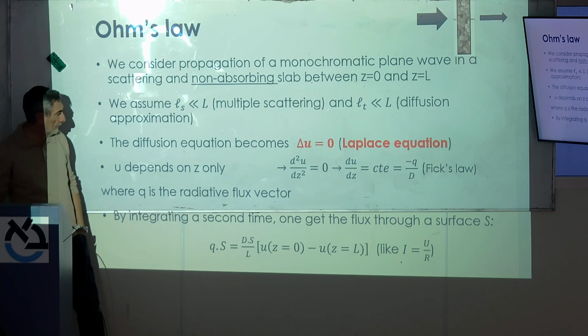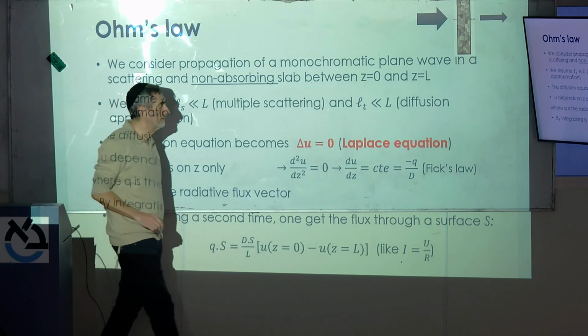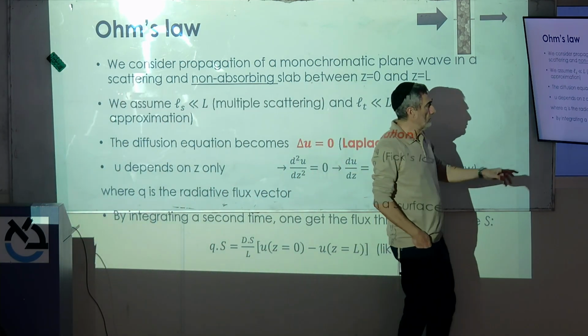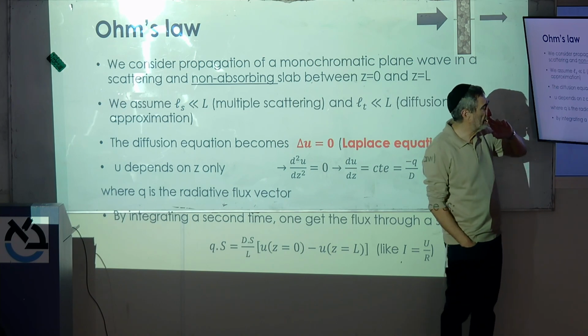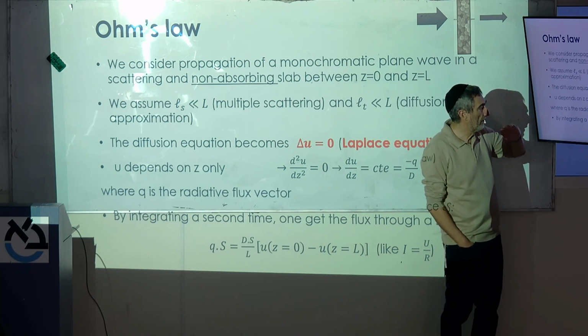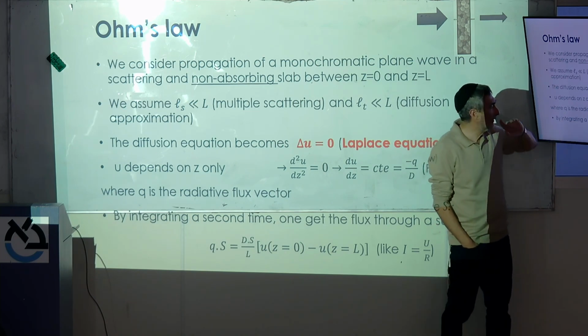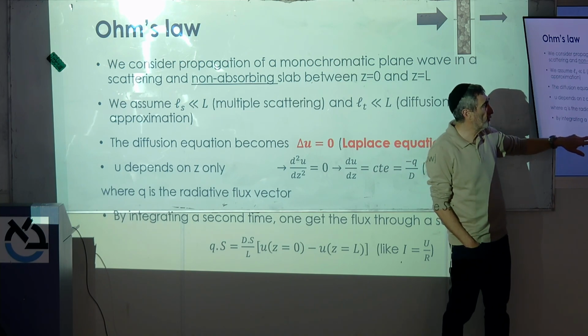So how does it work? dU over dz is equal to a constant, and you integrate another time.